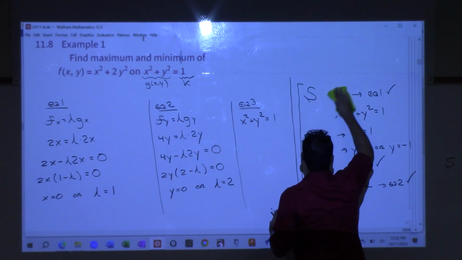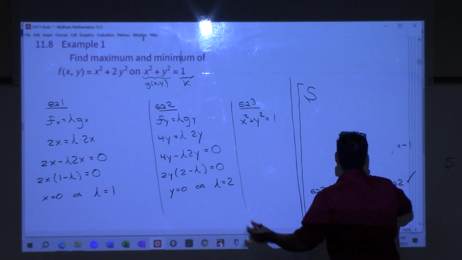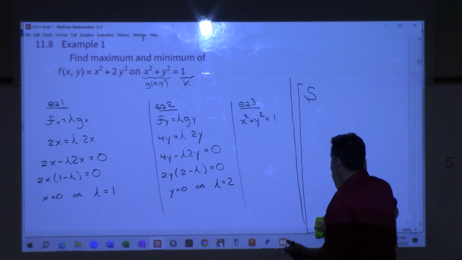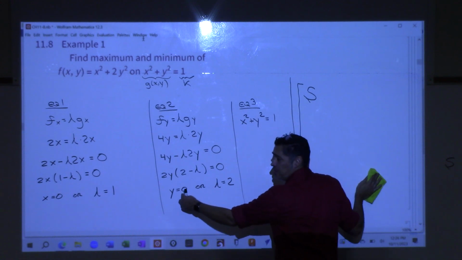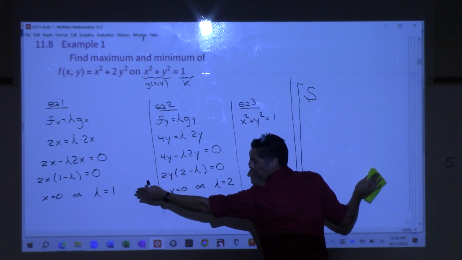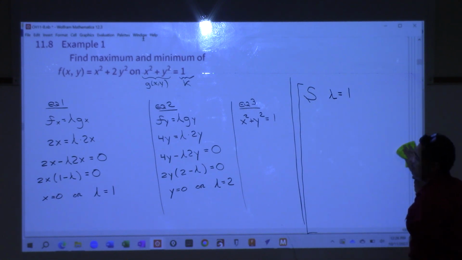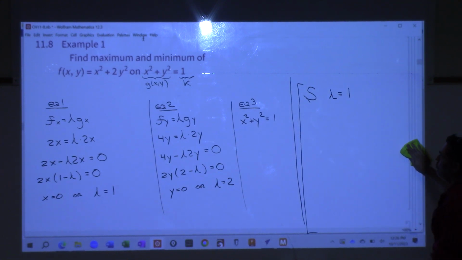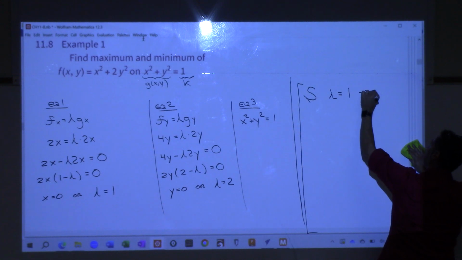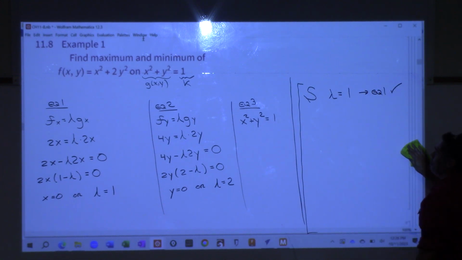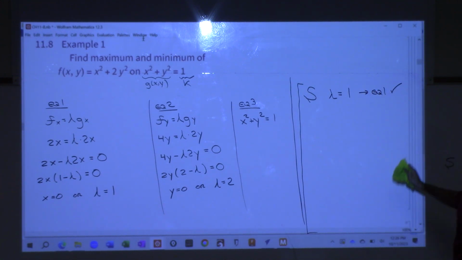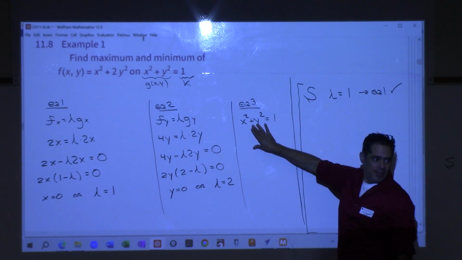Let's suppose now lambda. You don't have to go in any particular order. If you wanted to, right now you could suppose y is 0. It's up to you. I'm just going to go in order. Suppose lambda is 1. If lambda is 1, equation 1 is good? Okay. If lambda is 1, that has no impact on this, does it?